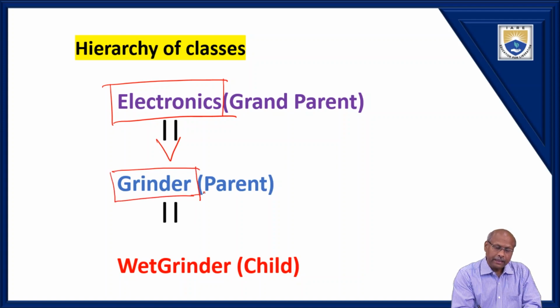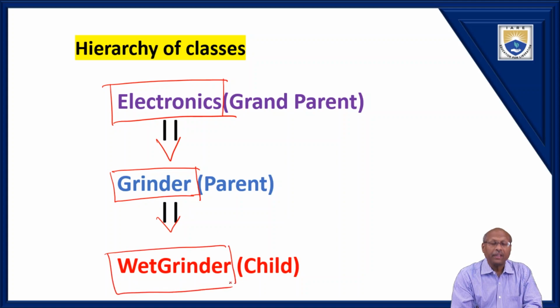The grinder class is now acting like a child of electronics. Whatever properties are there with the grinder class will be available to the wet grinder. So now I can say wet grinder is deriving the property of grinder, and at the same time of the electronic device. So indirectly I can say every wet grinder is an electronic device or electronics product. Okay.